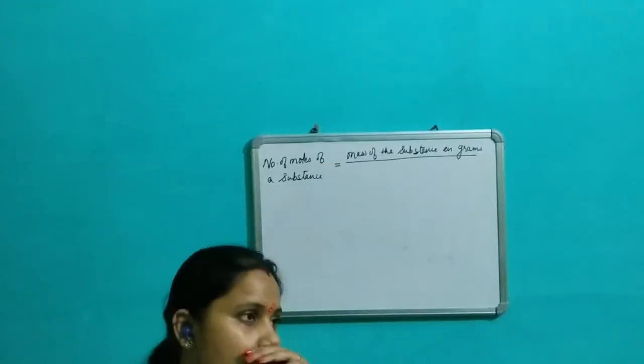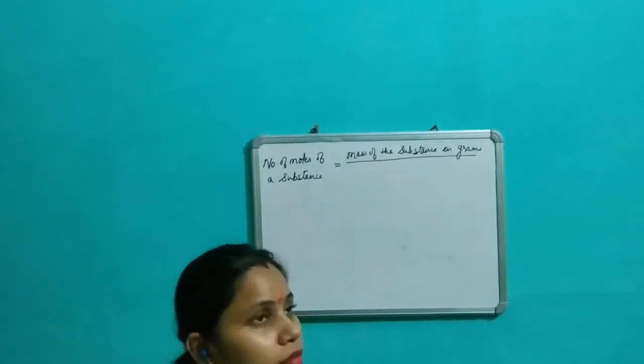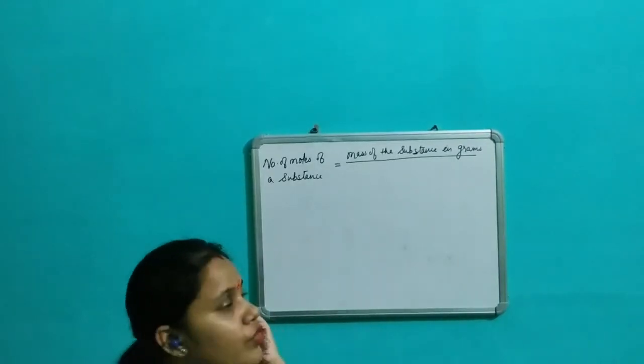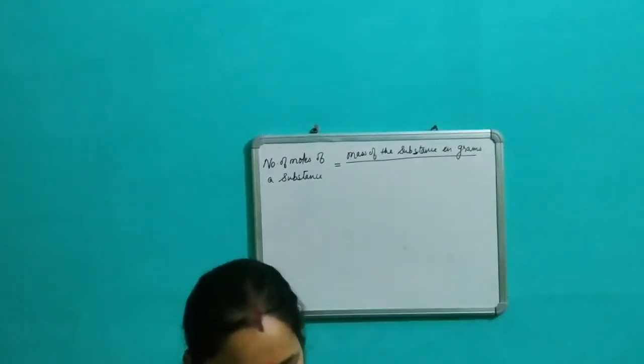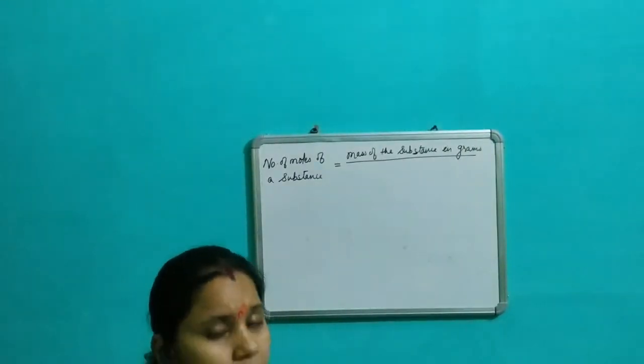In case we have an atom, then we will find the atomic mass. If we have a molecule, then we will find the molecular mass. So we write the gram molar mass of the substance, that is the molar mass of the substance in grams per mole.